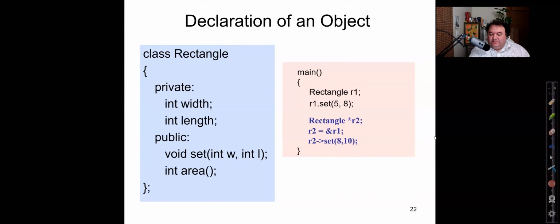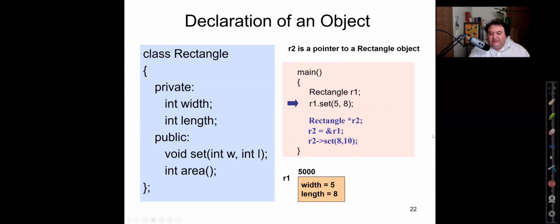Practically, we can think of using this piece of code. Initially, we get a rectangle, say, in location 5,000. We create a pointer that maybe randomly points to 6,000.